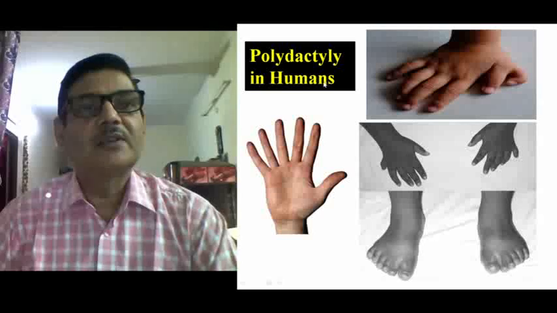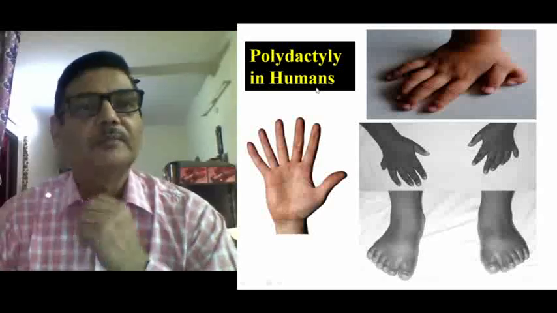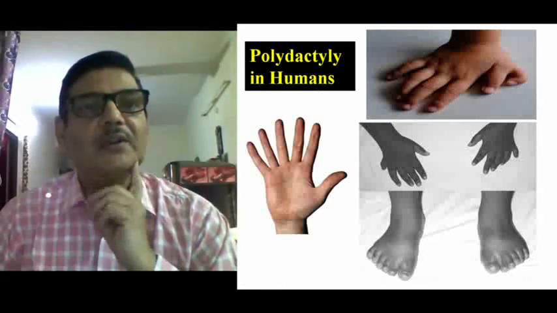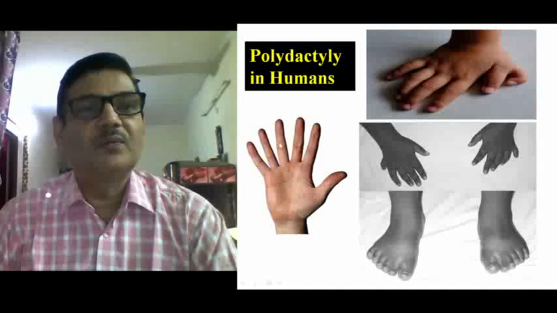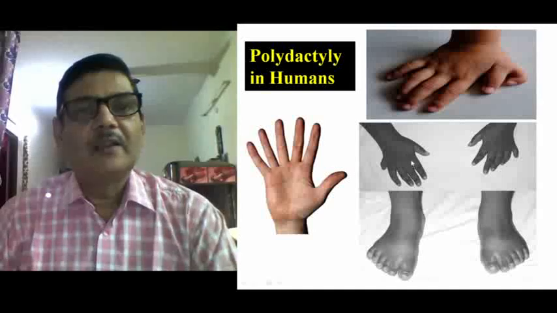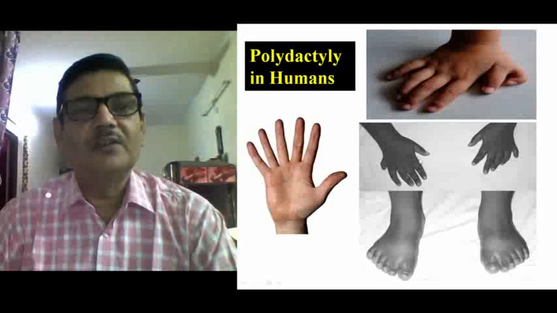So polydactyly is a case in which the number of fingers increases, in this case 1, 2, 3, 4, 5, 6 fingers are there. So one finger is extra. Here in this diagram you can see 1, 2, 3, 4, 5. These are normal shaped fingers, but there is a small outgrowth and this is the extra finger.